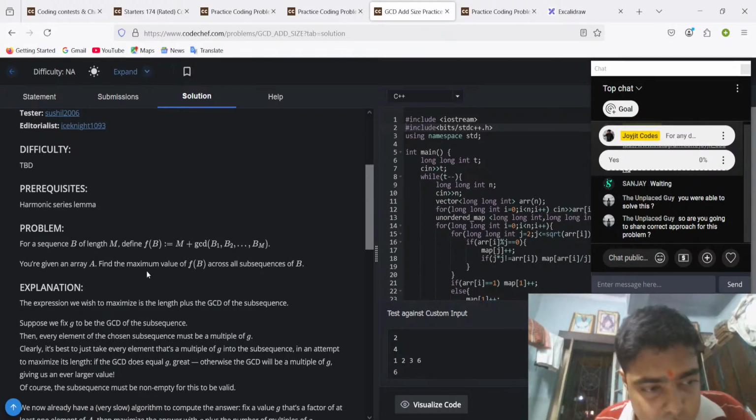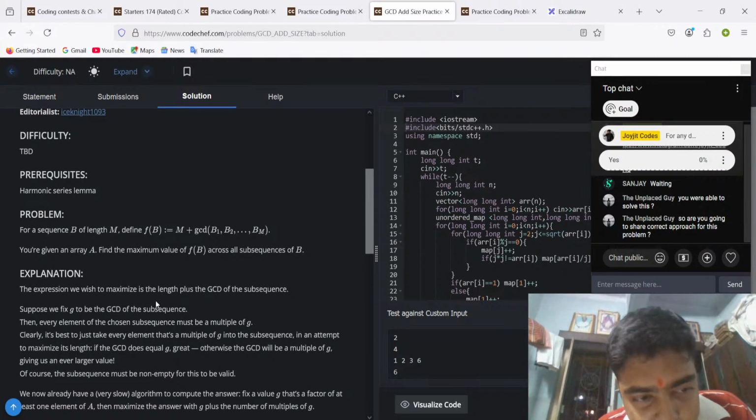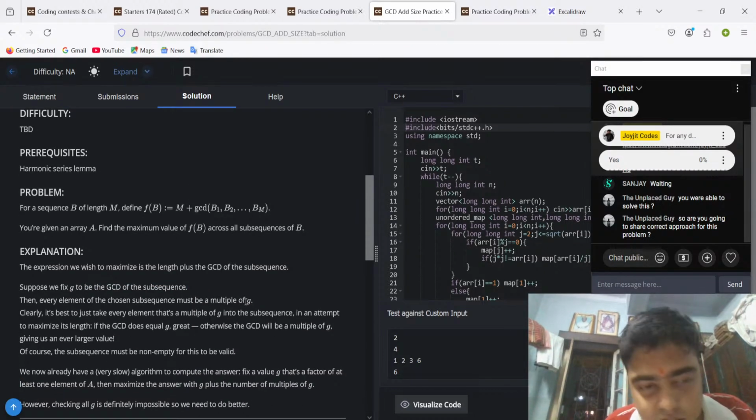Okay. Explanation. The expression we wish to maximize is the length plus GCD of the subsequence. Suppose we fix G to be the GCD of the subsequence. Great. Then every element of the chosen subsequence must be a multiple of G. Clearly, it's best to just take every element that's a multiple of G into the subsequence in an attempt to maximize its length. If the GCD does equal G, great.